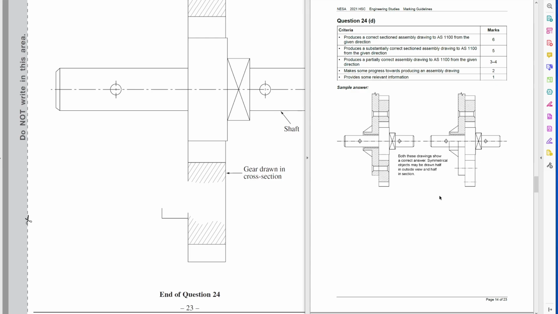So both of these drawings show the correct answer. Symmetrical objects can be drawn in half section. Yeah, why wouldn't you do that? Okay, so you can notice the thing I said is that even though there were 5 holes, we only show 2. And even though there are 3 stiffeners or webs, we only show 2. I said that you don't section them, right? Because there's 2 materials, we need to do section in a different direction.